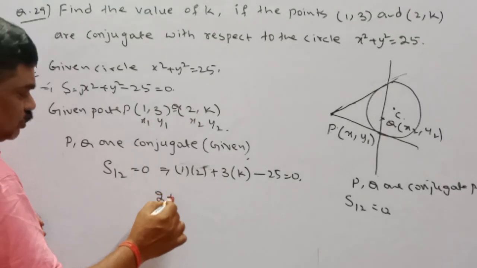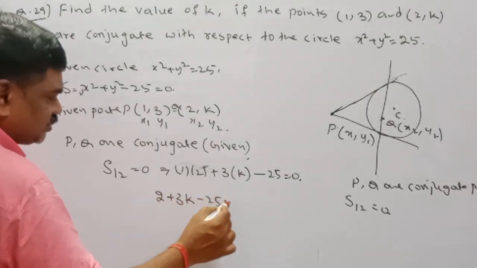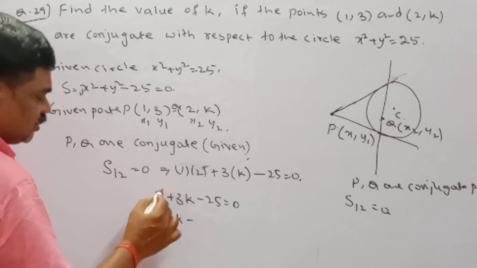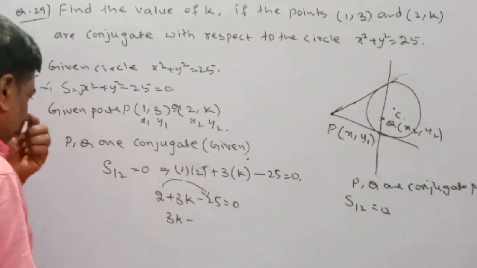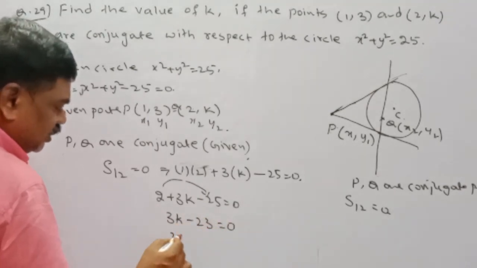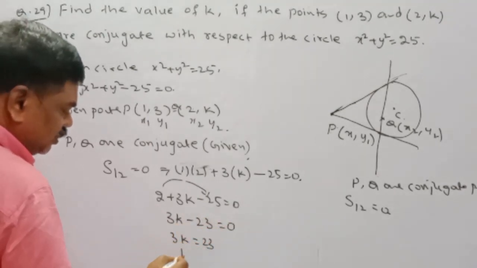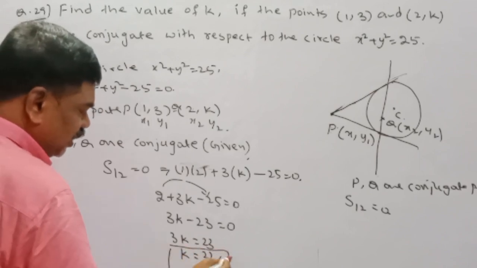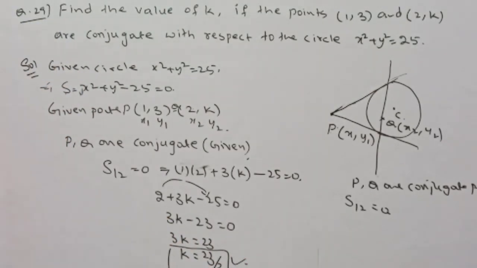This is 2 + 3k - 25 = 0. So 3k - 23 = 0, 3k = 23. k = 23/3 is the k value. Okay, that's all.